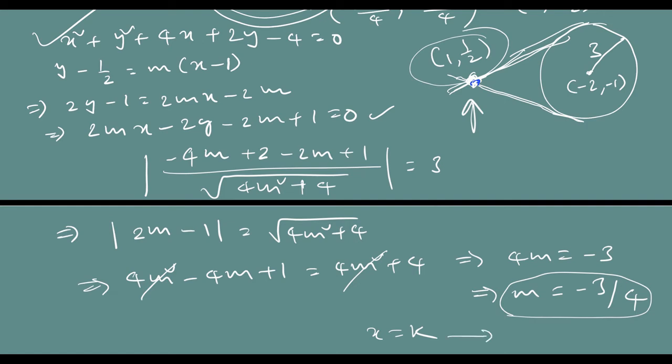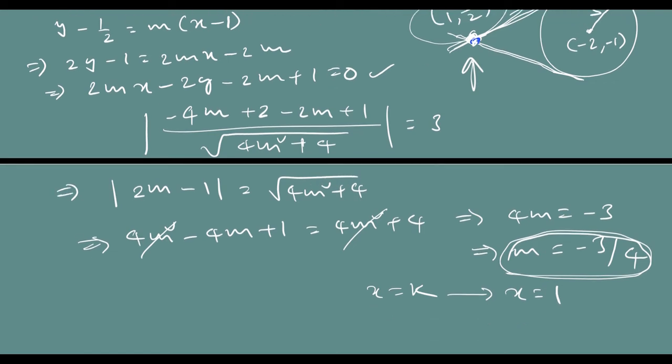It means that the equation of one of the tangents is x equal to 1 and one slope you have minus 3 by 4. So one tangent is, I'll get it as 3x plus 4y is equal to, it's passing through 1 comma 1 by 2, so I'll get 5.